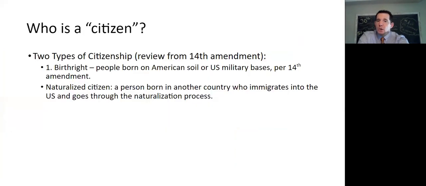All right. So as a quick review, you know who a citizen is. I beat you over the head with this quite a bit with the 14th Amendment. We got birthright, we got naturalization. You saw a little bit of that naturalization process yesterday. So hopefully you have a little bit of a better understanding of what a green card is, what a visa is, what the process is. This is a long process, the naturalization process.